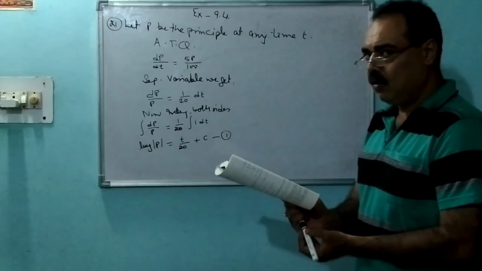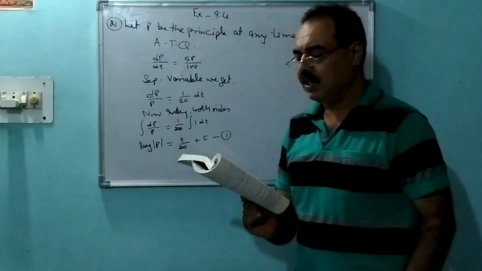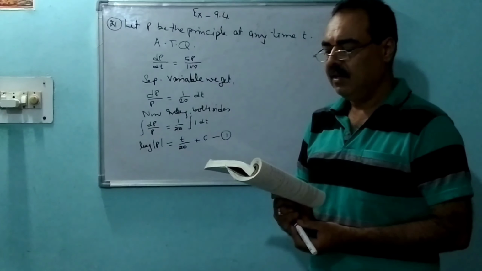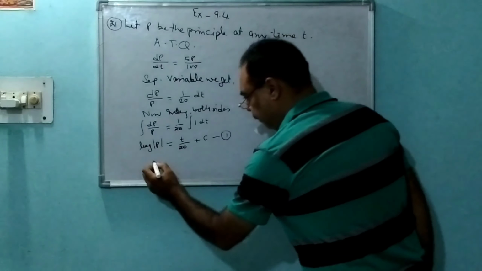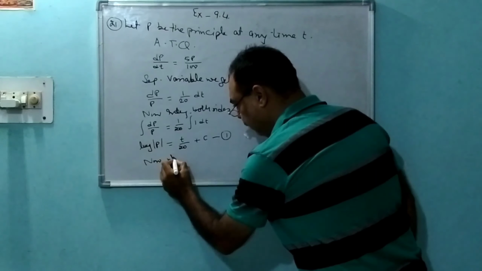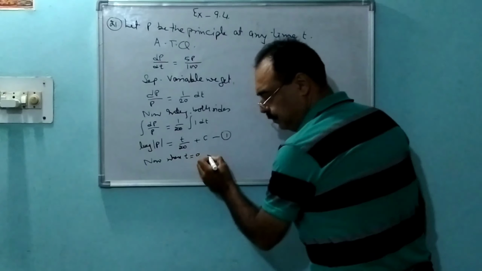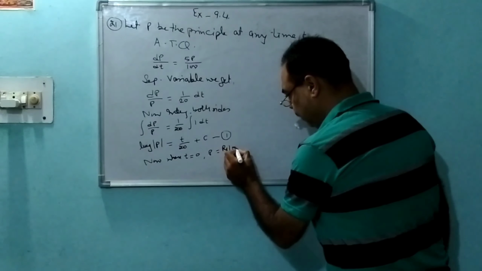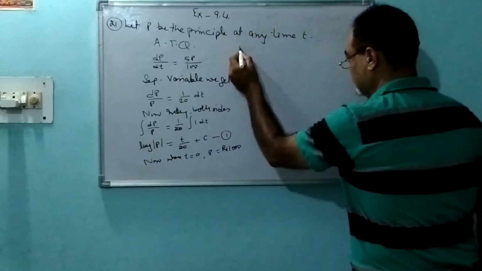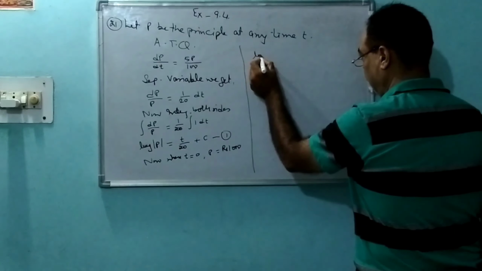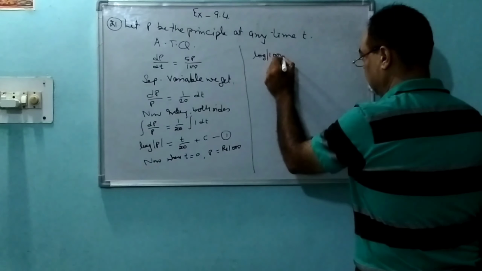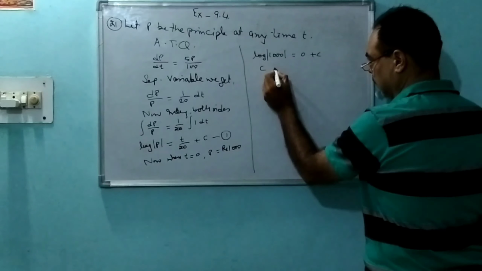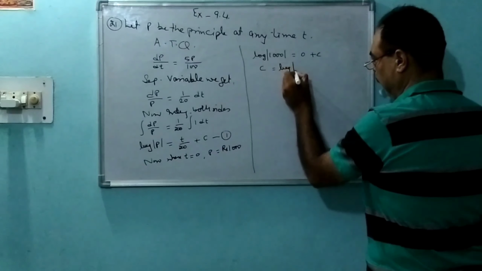He said an amount of rupees 1000 is deposited with this bank. How much will it be worth after 10 years? Now, when time is 0, principal is rupees 1000. So this equation becomes log 1000 is equal to 0 plus c. So c becomes log of 1000.